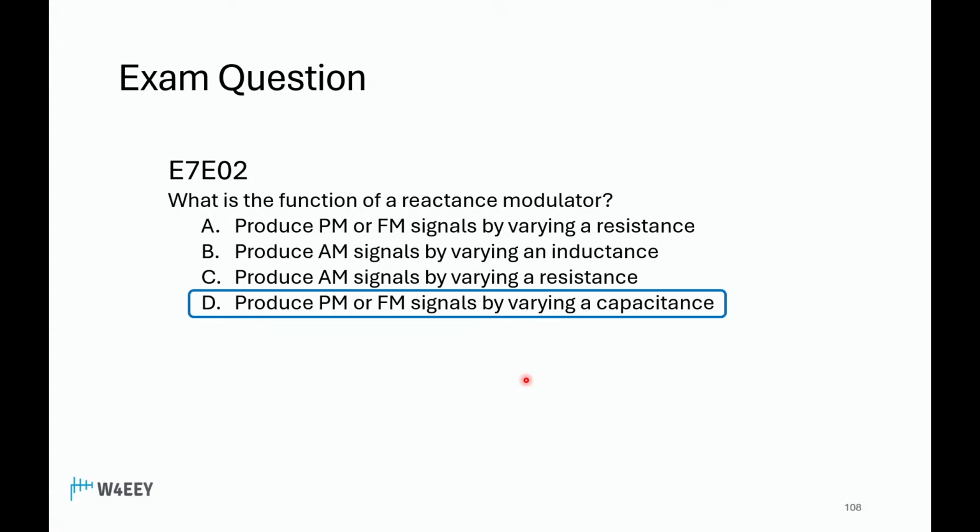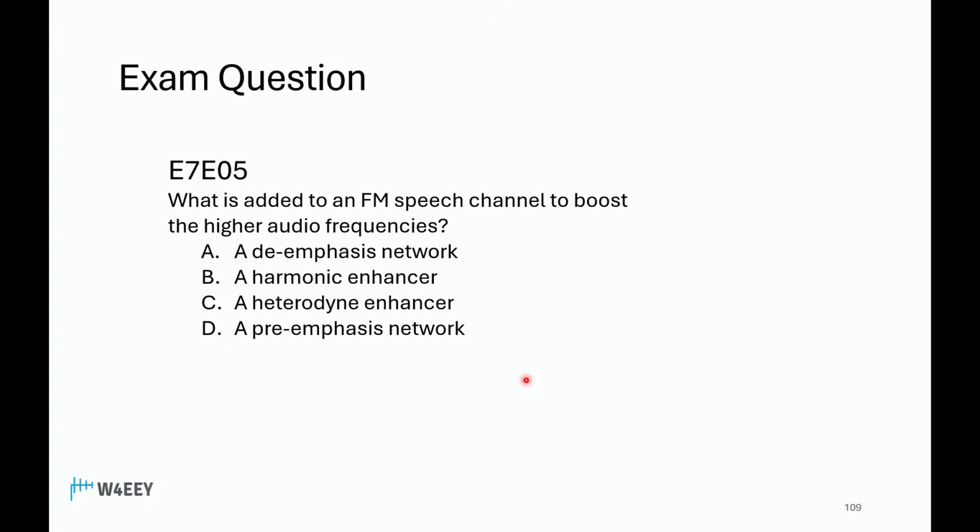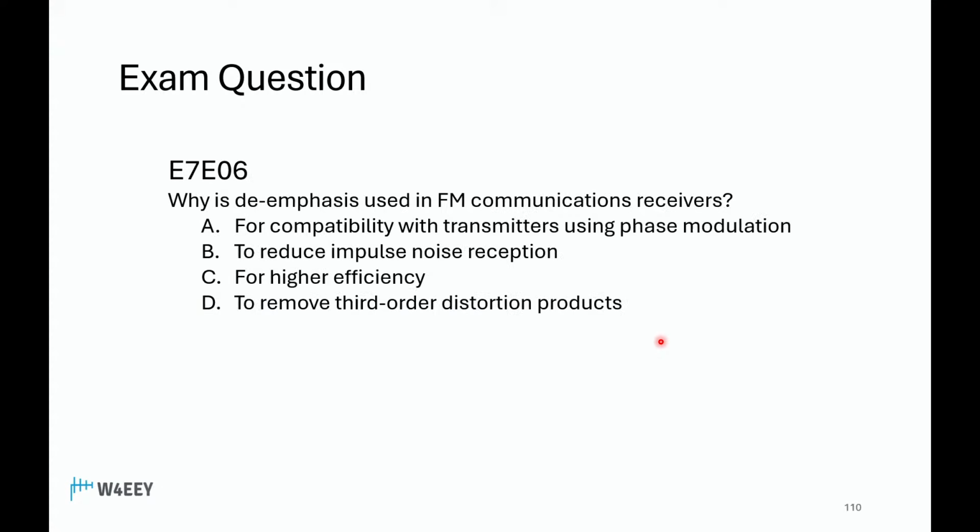Delta, produce PM or FM, phase modulated or frequency modulated signals by varying a capacitance, yes. What is added to an FM speech channel to boost the higher audio frequencies? Delta, the pre-emphasis, yes.